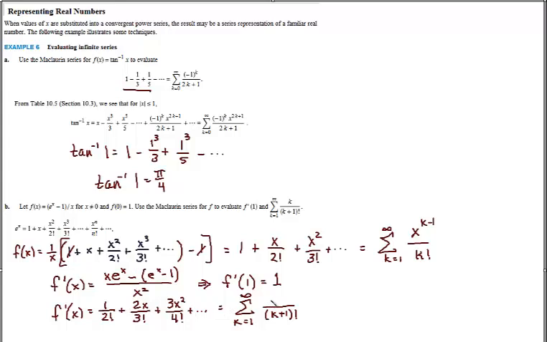And then there's always a k in front, so that would be k, and then x is to 1 power less, so it would just be x to the k minus 1. And if I evaluate this at x equal 1, you'll notice that this also equals 1. Whoops, I better write that it's for f prime of 1. Okay.